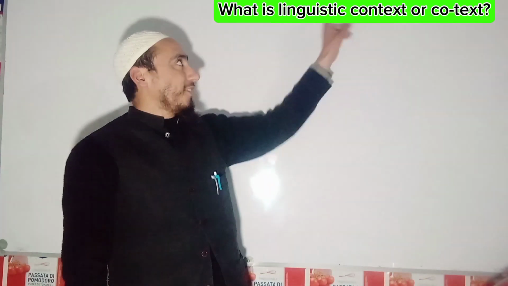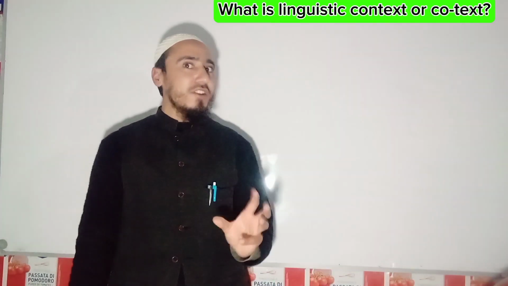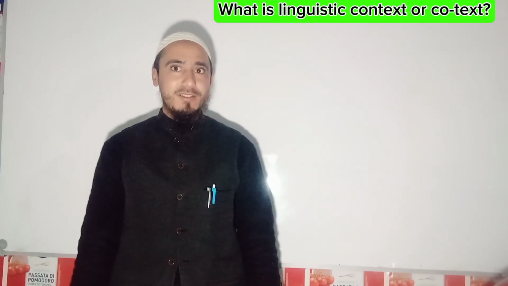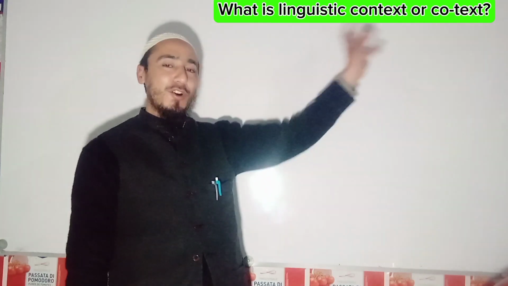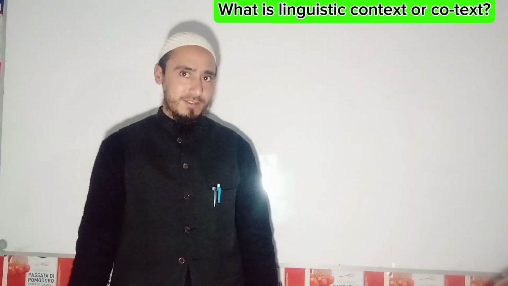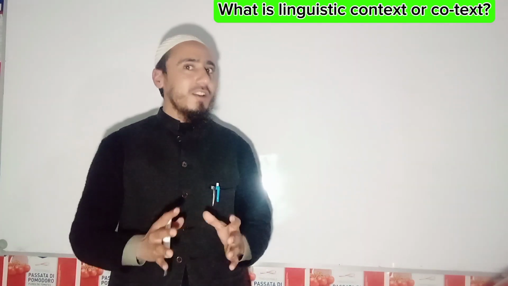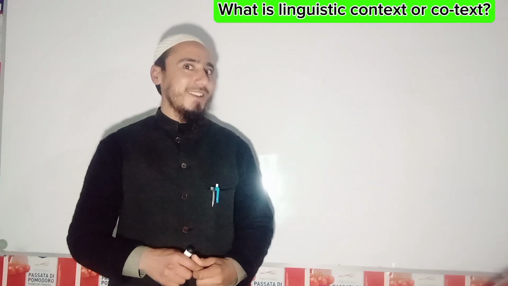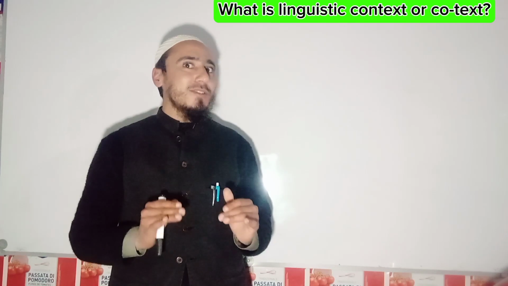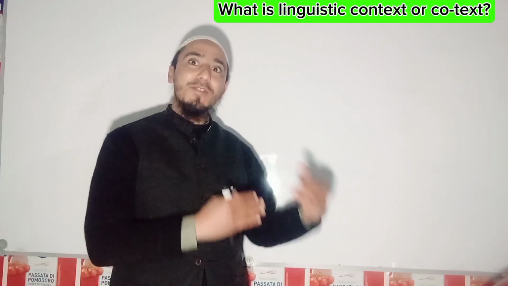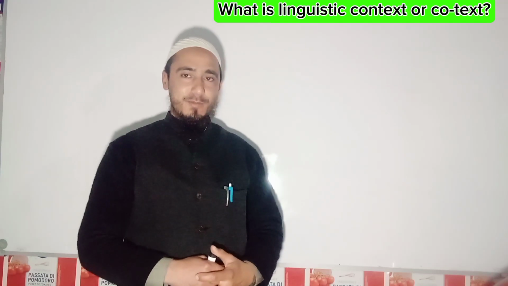What is now linguistic context? Another name for linguistic context is simply context. It means linguistic context is also called context. Now, what would be the definition of it? The definition of linguistic context is that it refers to a set of words that are used in the same sentence.